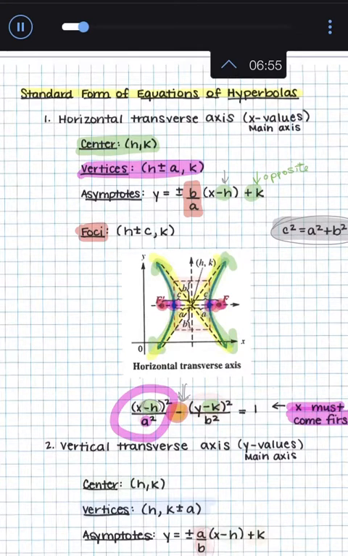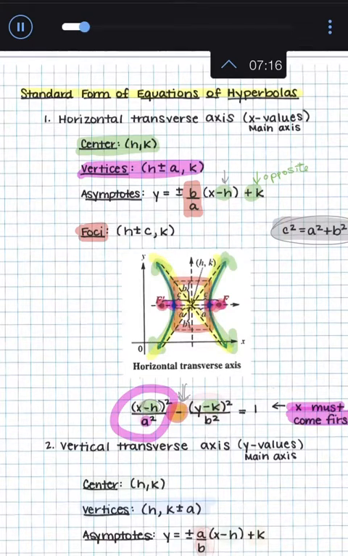What we can actually do is create more of a box if we want to actually draw the asymptotes. It'll make it a little bit easier. And to create that box, what we'll do is we'll go up by b, down by b, left by a, right by a.